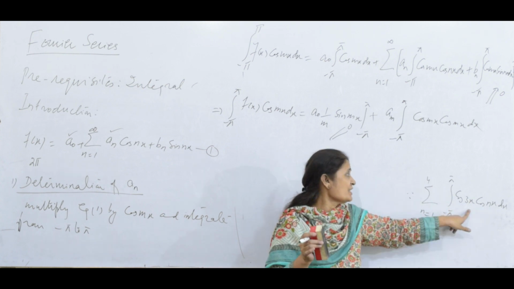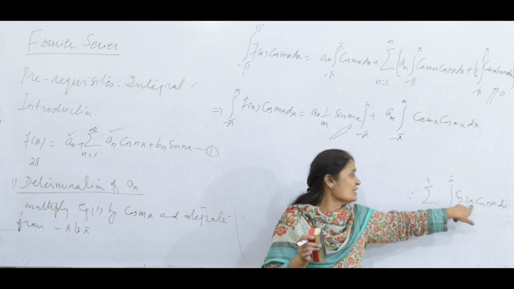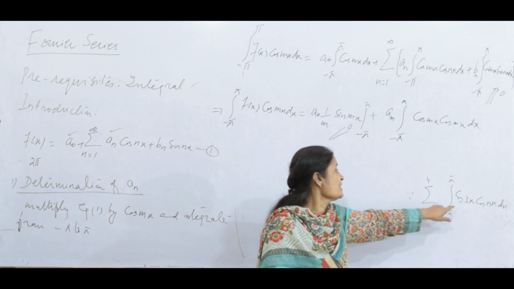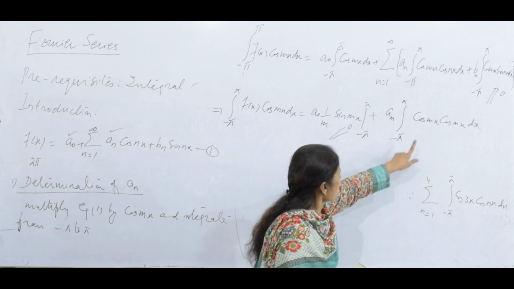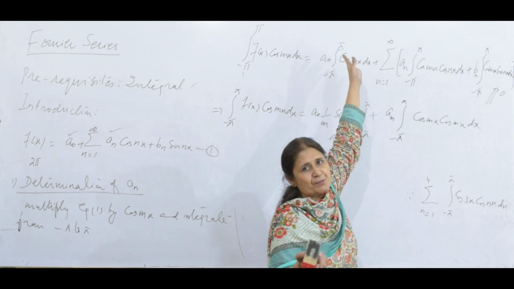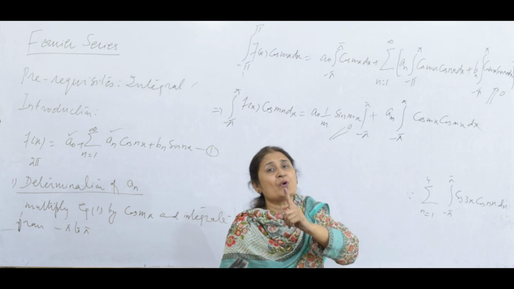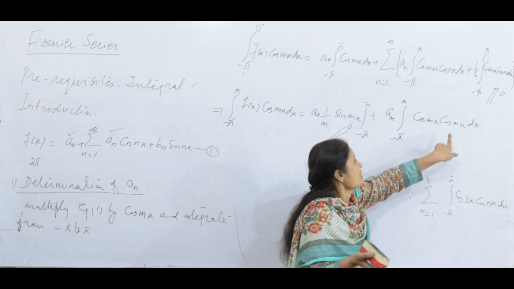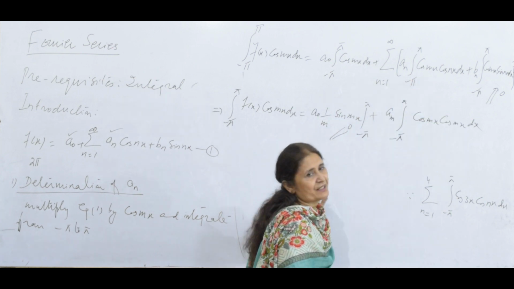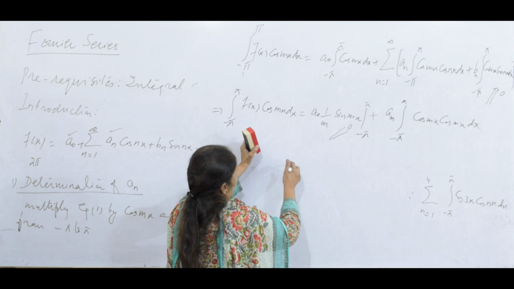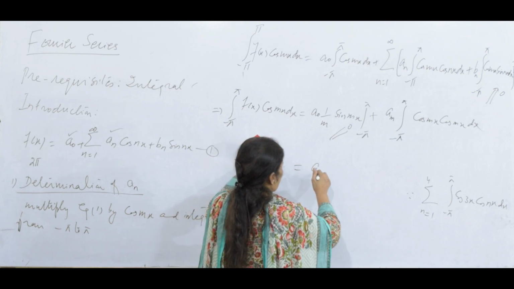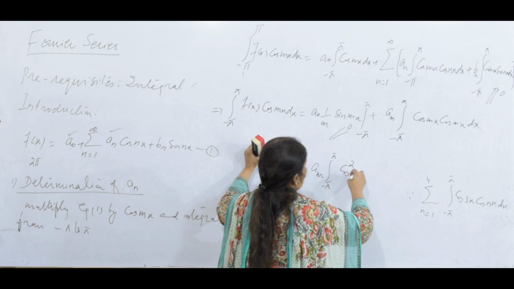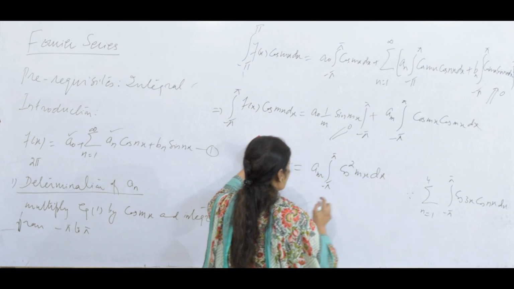But when n is 3, both are equal, and you are getting some answer. So this is the technique. There is no more sigma, because only one value survives. When n is m, both are m, and you are getting some answer: a_m times the integral from minus pi to pi of cos square mx dx.